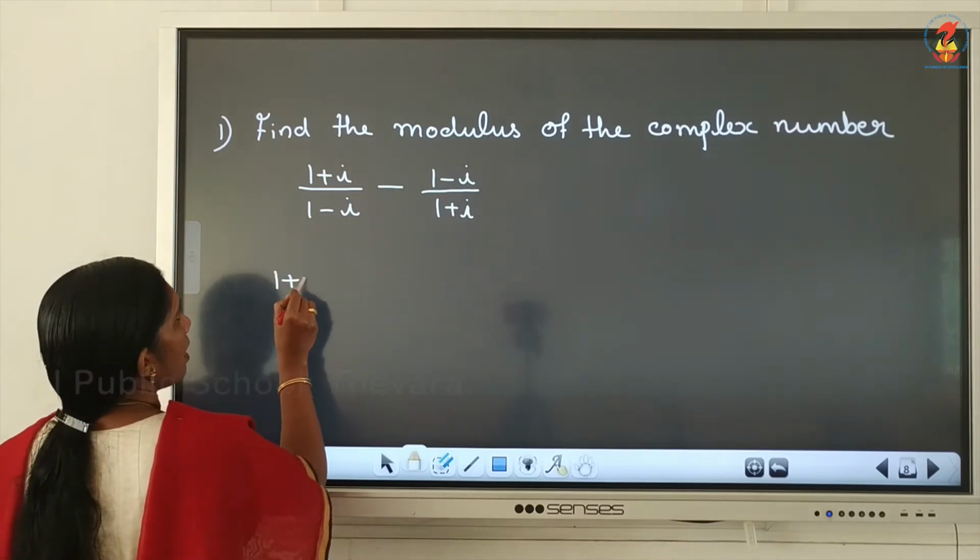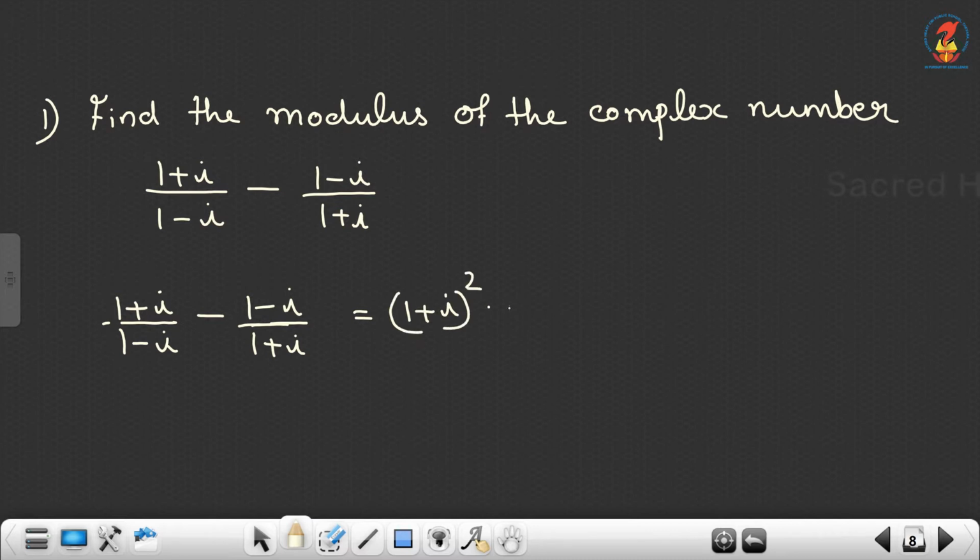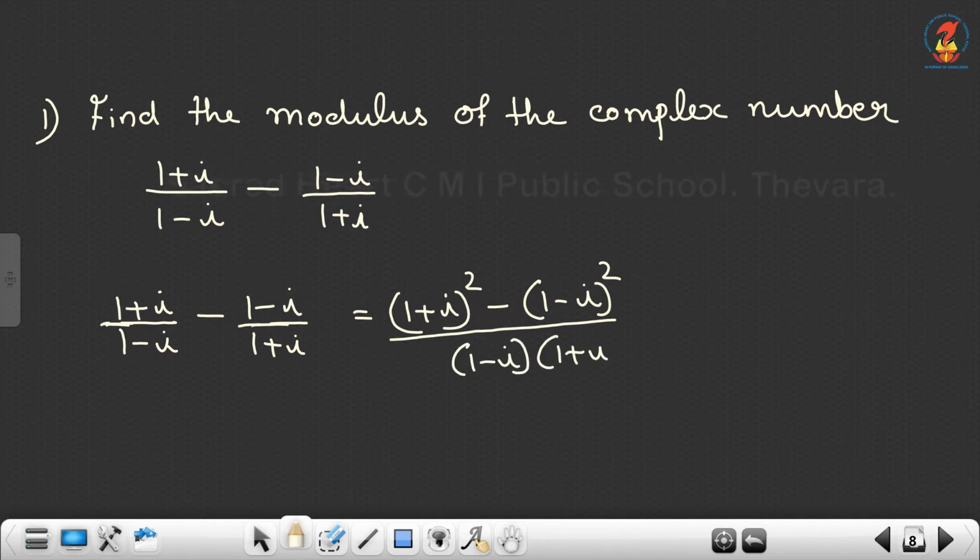So (1 + i)/(1 - i) - (1 - i)/(1 + i). We can cross multiply: (1 + i)² - (1 - i)² divided by (1 - i)(1 + i).